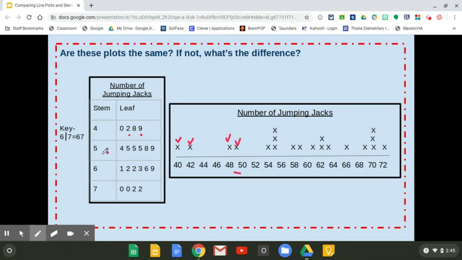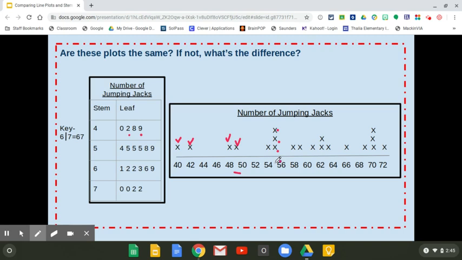Now we're in the 50s. So 54 is the first number. Here it is. We should have 3 55s. So 3 people did 55 jumping jacks in whatever time limit it was. And we see that that is represented here as well. And again, it's in between 54 and 56.